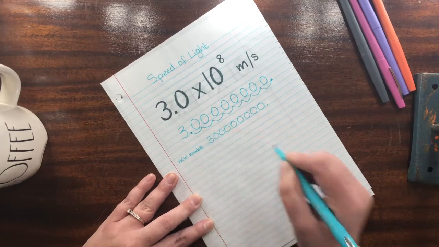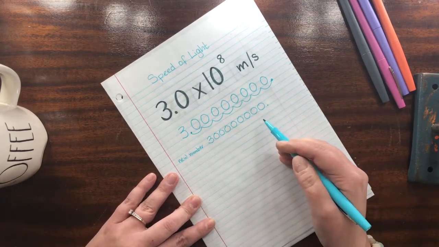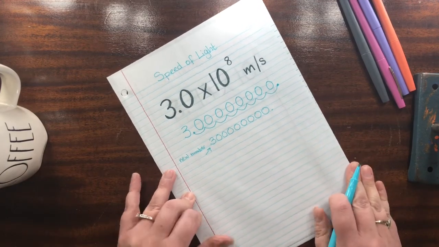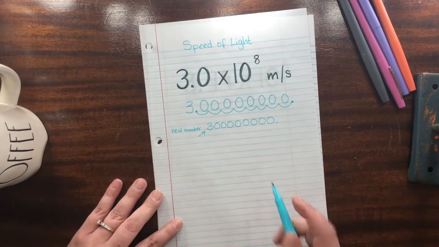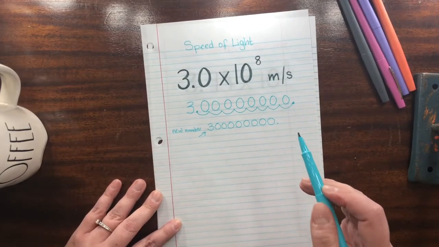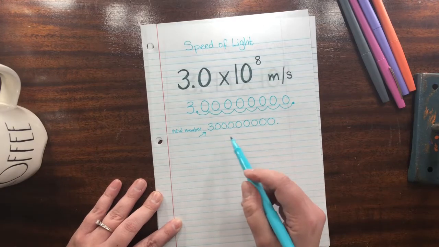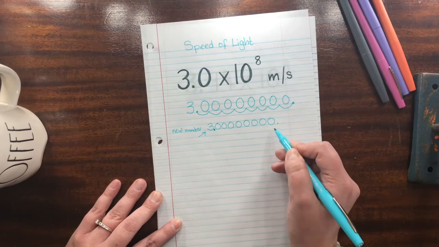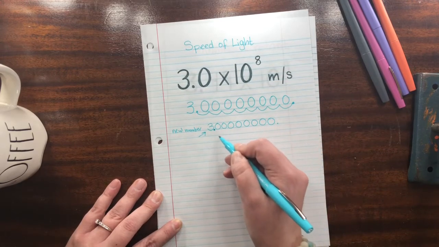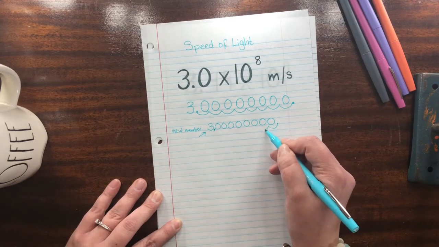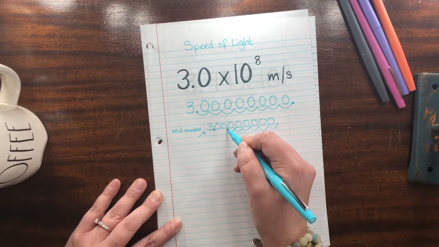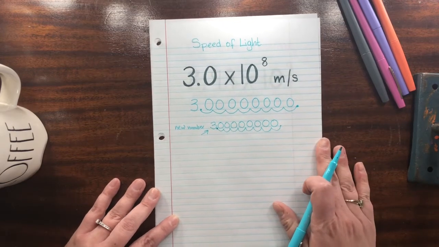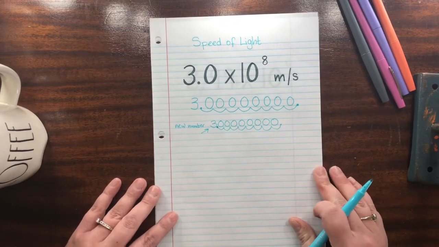Really, it's the same number, it's just now written in standard form. Now, to convert back into scientific notation, all I do is count how many jumps my decimal has to take to get back over here. If I count it again, I have 8 jumps to get back there. That is trick number 1.